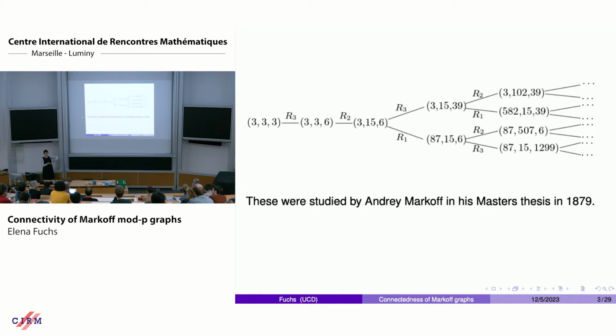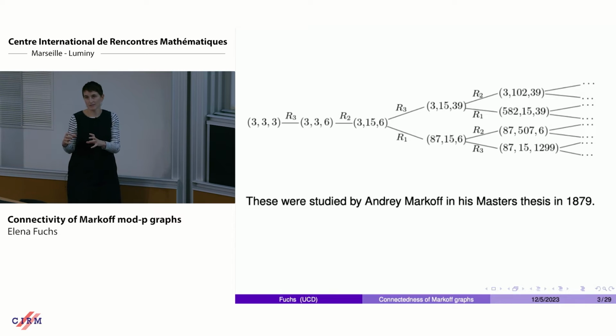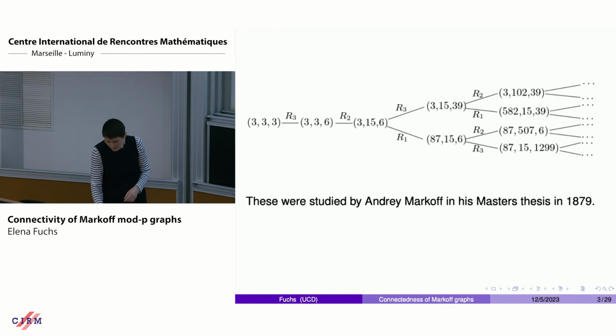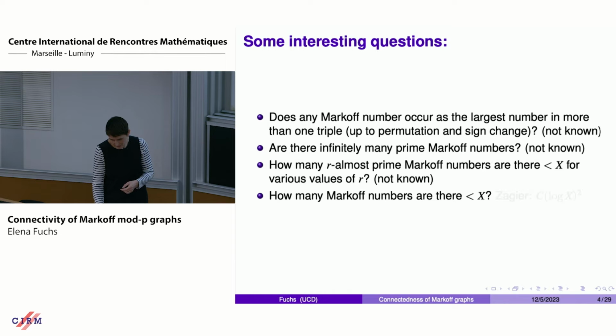So there's no way to lift your mod p solution to something in there, in which case the vertices in my G_p graph are not even just these things mod p. So we'd like for that to be true. We'd like for this Markoff mod p graph to be exactly this tree mod p. And basically saying that these are the same two things is to say that the graph G_p is connected. Okay? So it is coming exactly from this tree and reducing mod p. Okay.